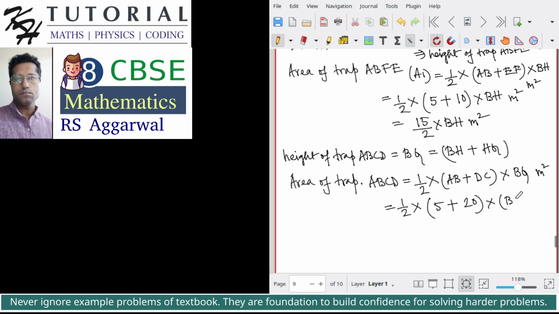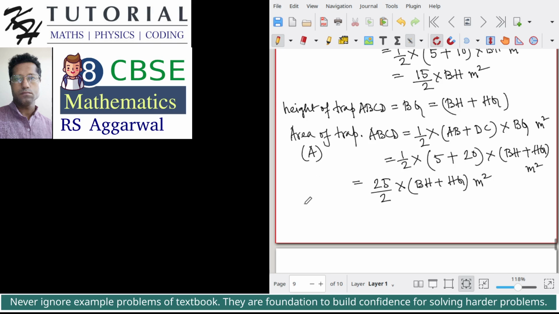BG is BH plus HG. If we simplify, we have 25 by 2 multiplied by (BH plus HG) meter square. Let the area of the trapezium ABCD be A.